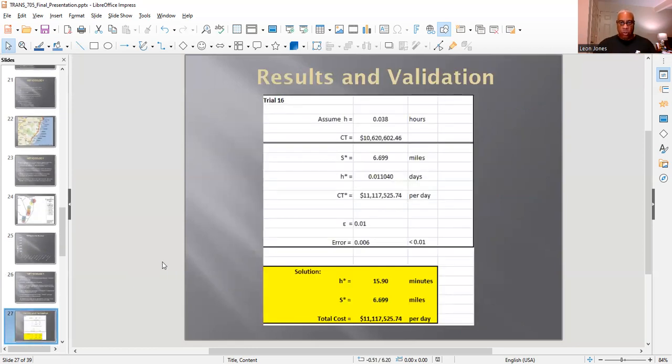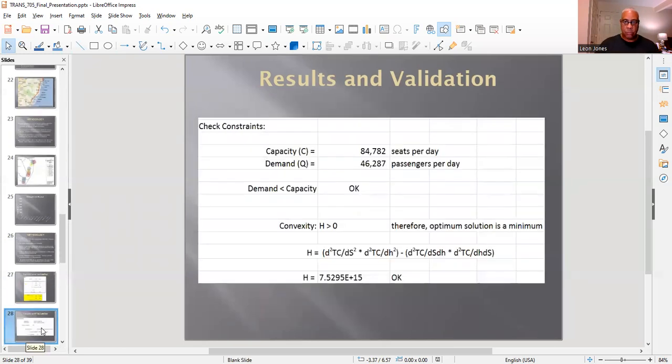And here are our results. I'm up with the numbers, total cost per day, $11 million. And all these numbers came from the variables that I had up earlier. We figured in the error, and that's what we come up with. And here are constraints right here, your demand and your capacity.